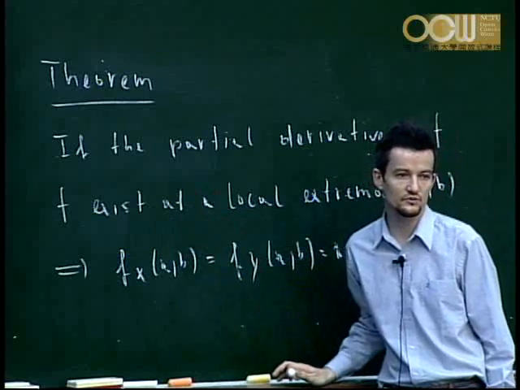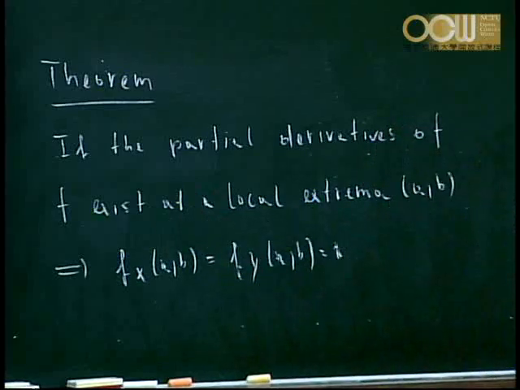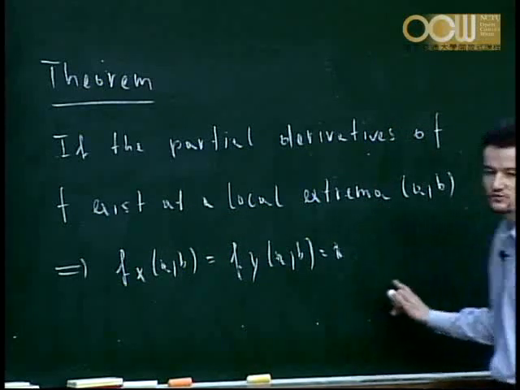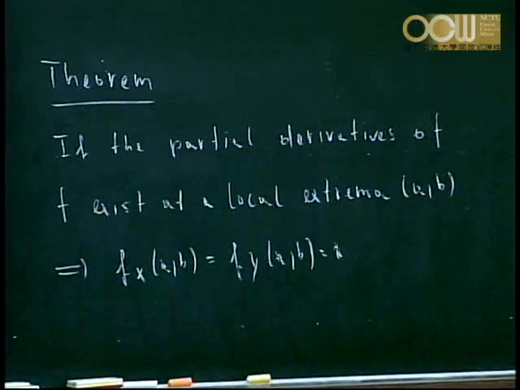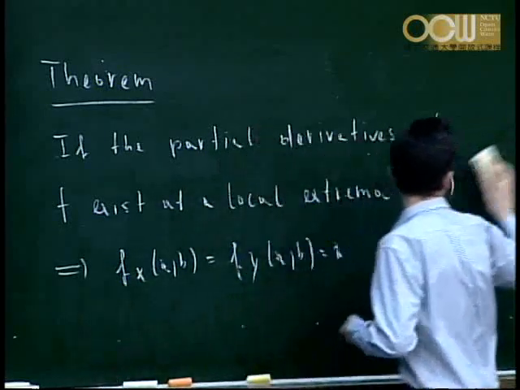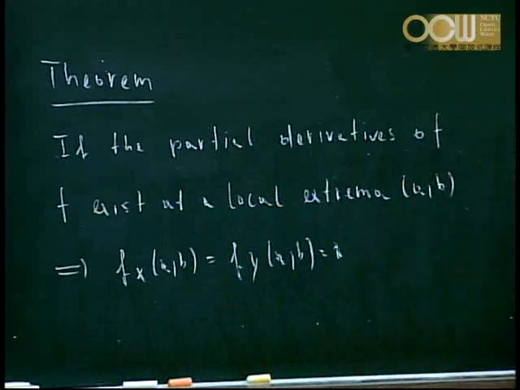Only those points are possible candidates for being a local extrema. But again, the inverse is not necessarily true. Critical points are not necessarily local extrema, but this narrows down the possible set where the function can have a local maximum or local minimum. This is completely the same as last semester.